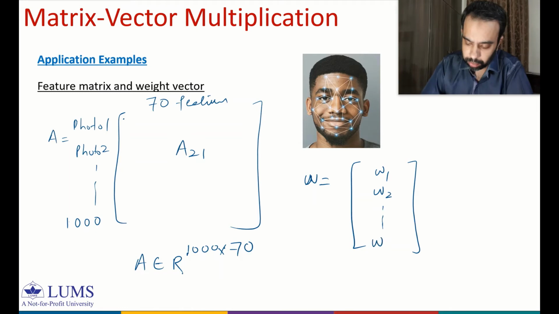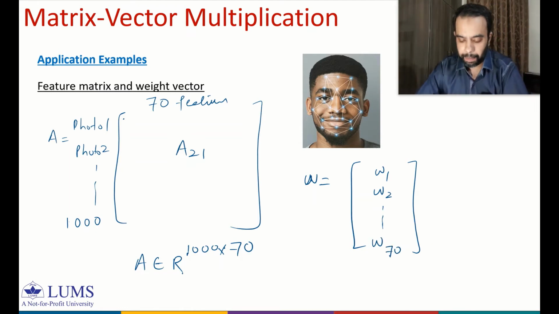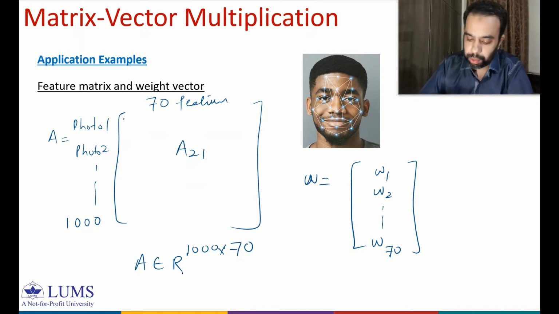So this should be w70, and we want to compute the score for all of the photos. So we want to simply multiply A with w, and let's say what we get is y.